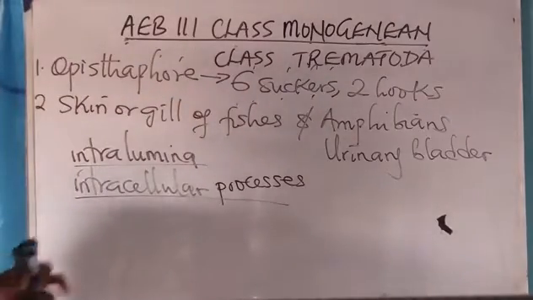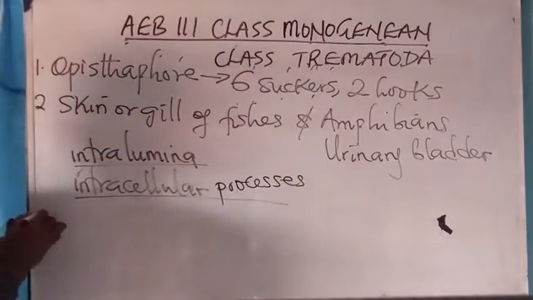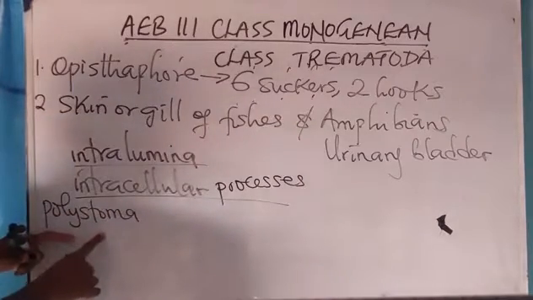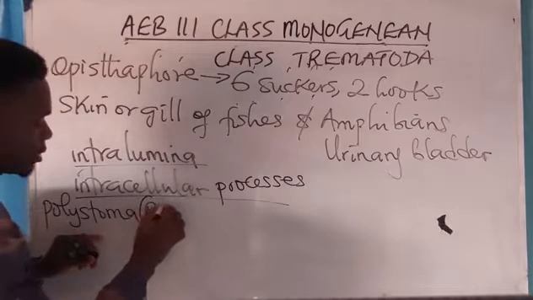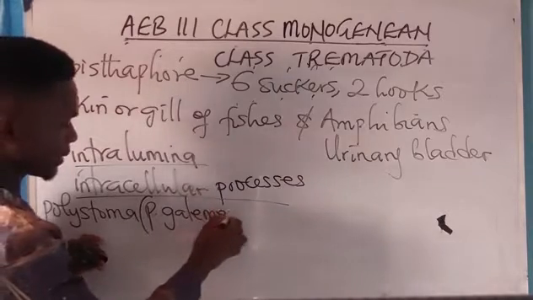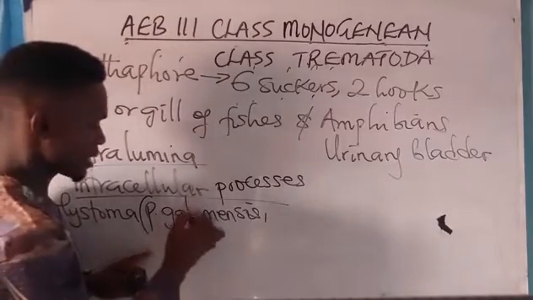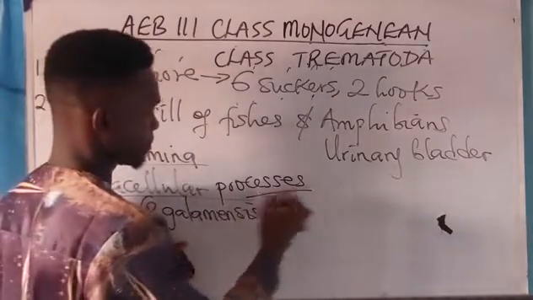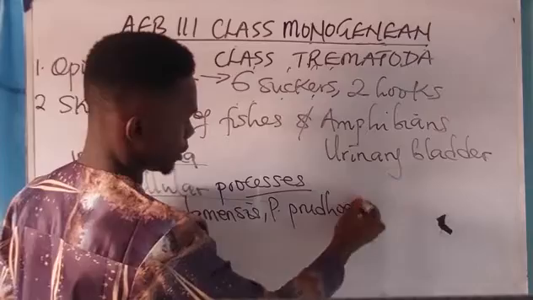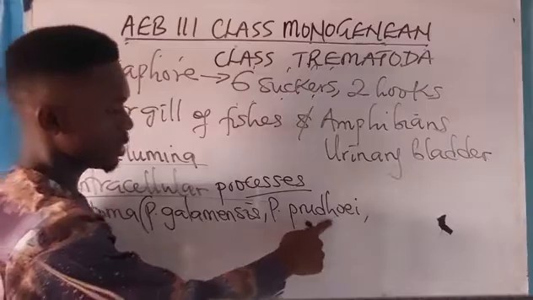Now, there are different species of the monogeneans. We have Polystoma, and then we have different species of Polystoma. We have P. galamensis, and you have P. prudhoi.